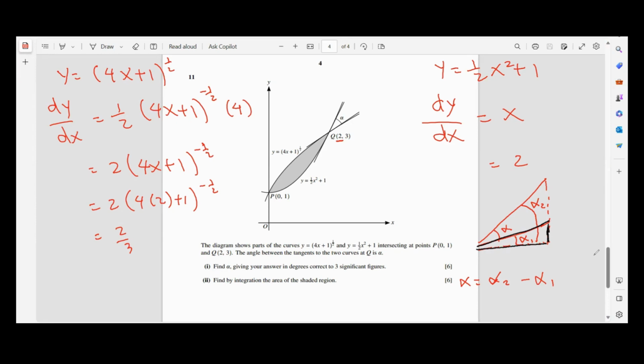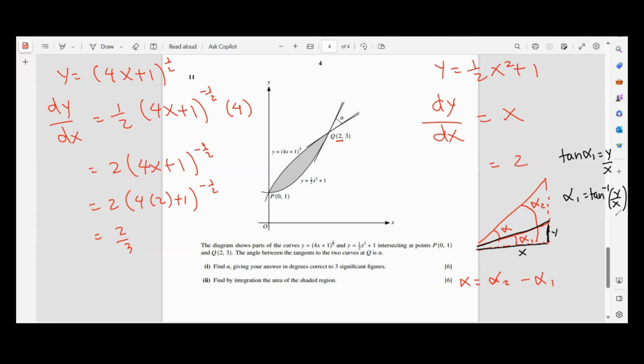So we must know this is actually y, and this is x, right? So alpha 1, what is it? Tan alpha 1 equals y over x. Or alpha 1, we can change it to tan inverse of y over x.